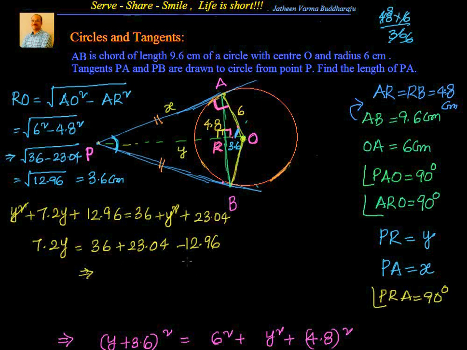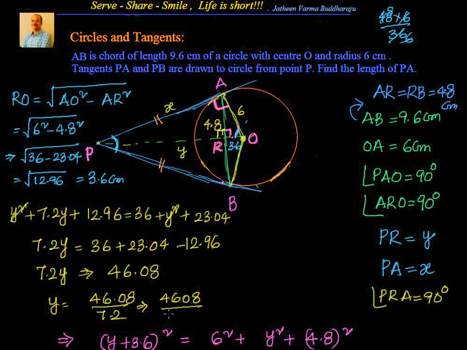We try to simplify this. 36 minus 12.96 is 23.04, plus 23.04, so that becomes twice of that, 46.08. So 7.2y equals 46.08, and y equals 46.08 divided by 7.2.